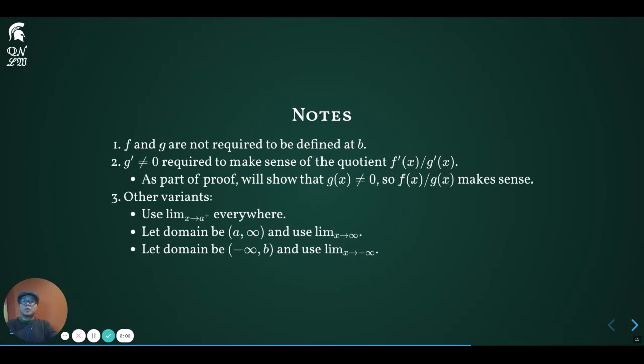Here are some important notes about L'Hopital's rule. First, the functions f and g that appear in the theorem need not themselves be defined at b. They only need to have a one-sided limit as you approach b. In the hypothesis, we require g prime to be non-zero on the interval (a, b). This is required to ensure that the ratio f prime over g prime makes sense.